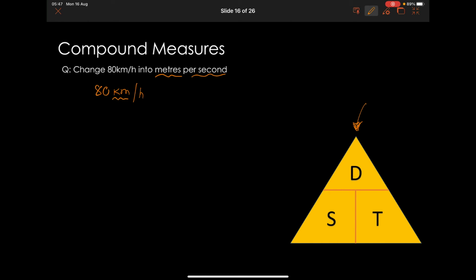Okay, if you've had a go, let's first of all concentrate on the 80 kilometers bit. I know 1 kilometer is 1,000 meters, and I need to turn it into meters. So again, if you want to draw in your conversion chart, you can.